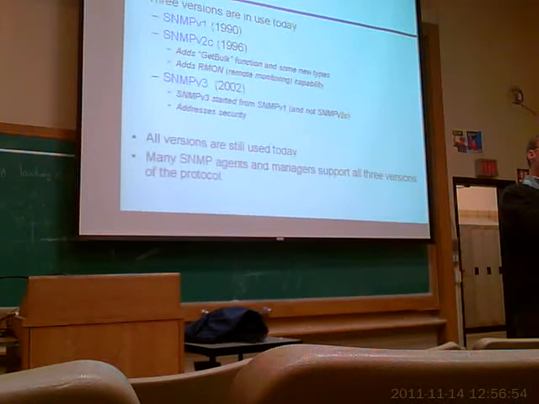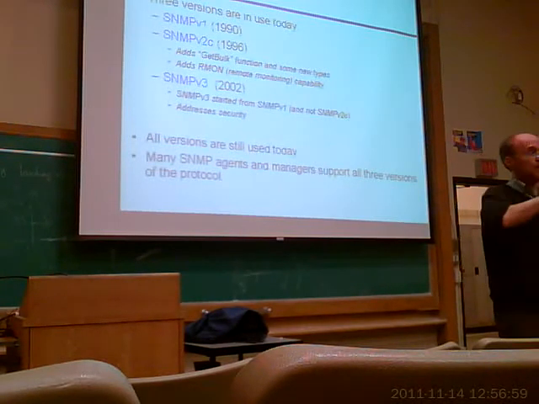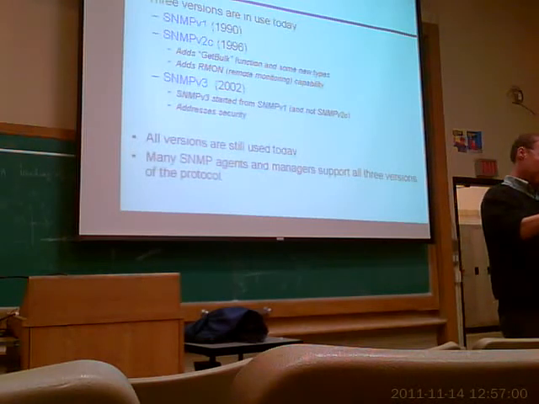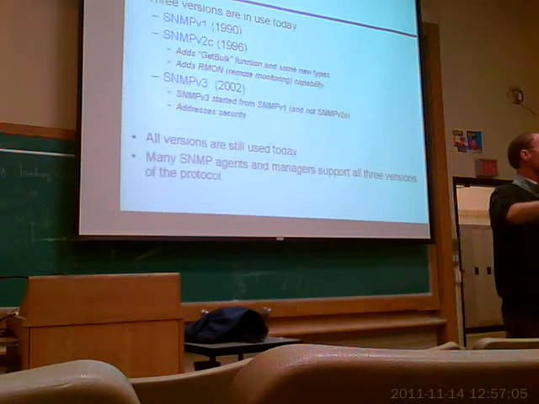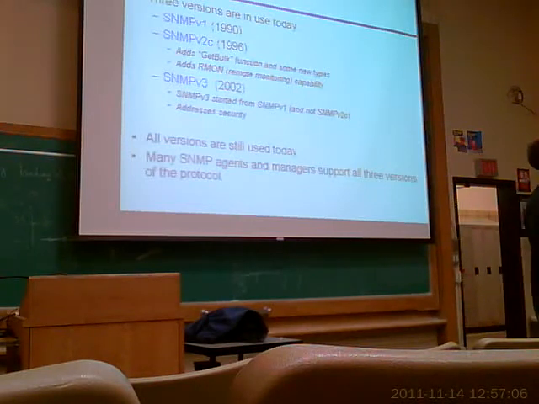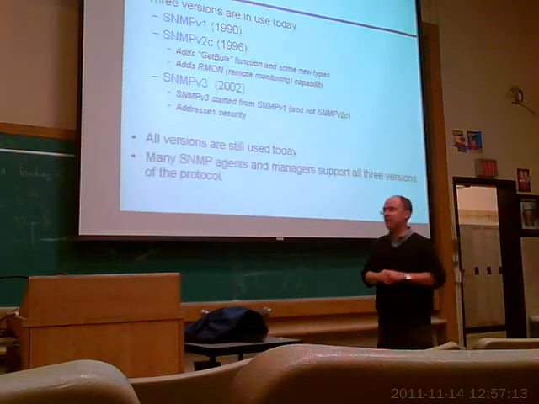The issue, however, is that for the tighter security features of SNMP version 3, one needs a lot of configuration at the agent. Like if you're using passwords, then the passwords have to, of course, be configured.